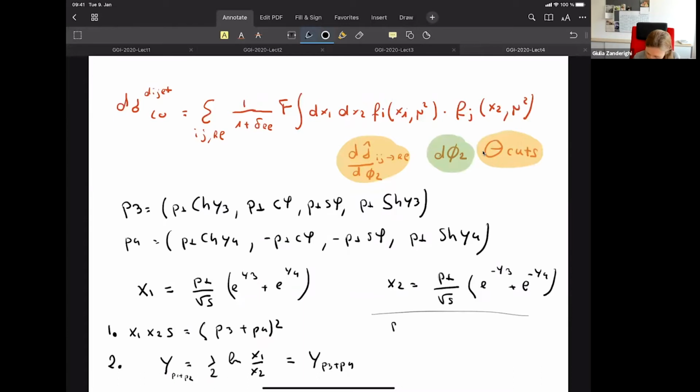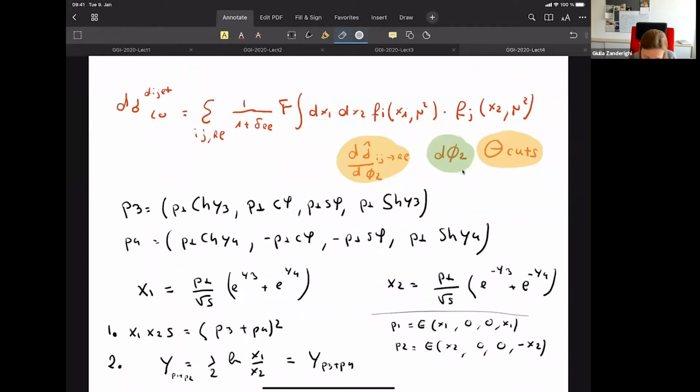You write P1 as E x1, 0, 0, x1 and P2 as E x2, 0, 0, minus x2. So they have momentum fractions x1, x2 and opposite directions. Now if you compute the rapidity of this system, you see that it's given by that relation. So what this tells you is that the rapidities and the pTs give you information about x1, x2, and you can transform from one to the other.